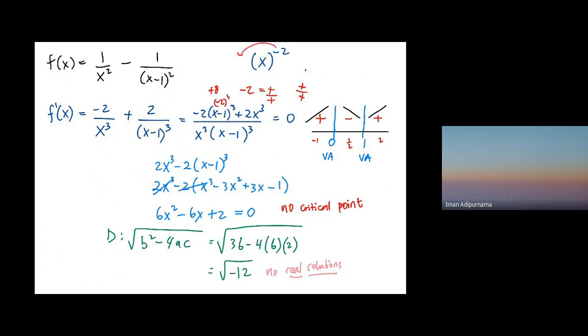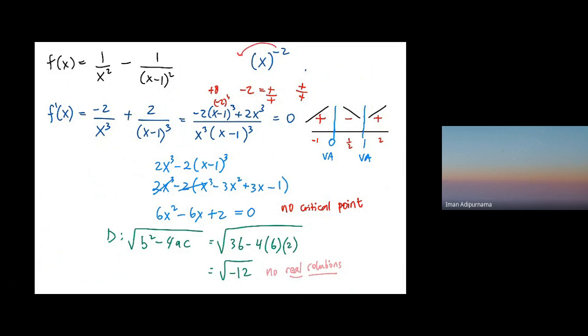By the way, the bottom part here, this D is called the determinant. We can know whether the function has a solution if we check the determinant first. We usually use it for finding the roots of quadratic functions, right? Remember you have the quadratic formula.